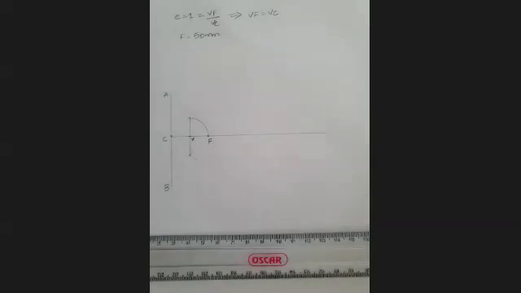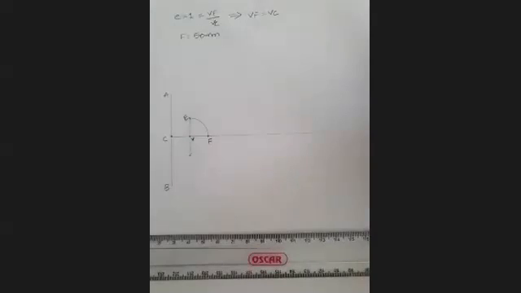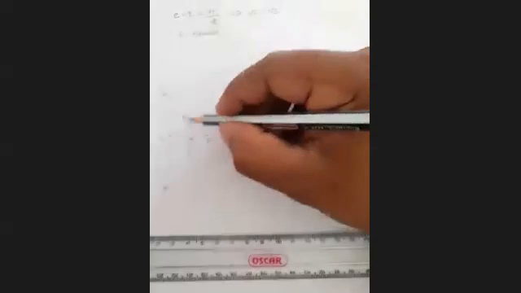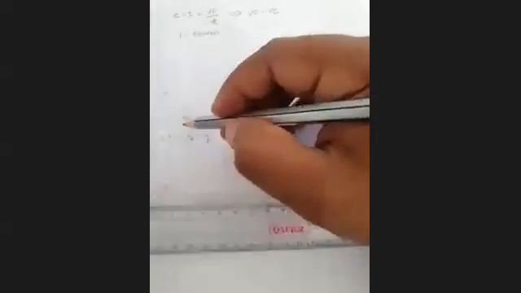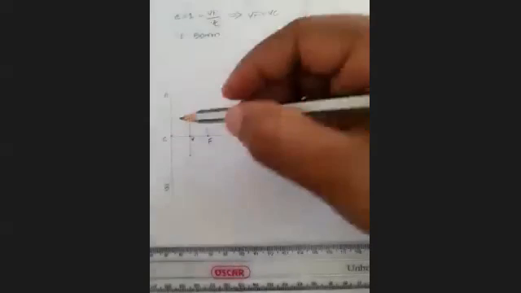Wherever it cuts, you put a point. So you will get a point E on this vertical line. If it is coming above, you can extend this line like this, right? So wherever it cuts the vertical line passing through V, there you will get point E. Okay, now next.